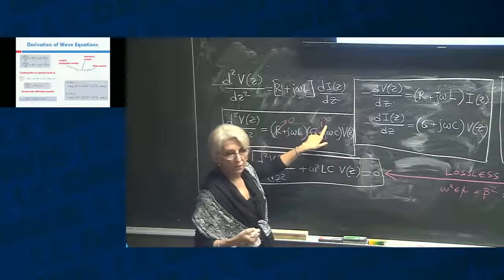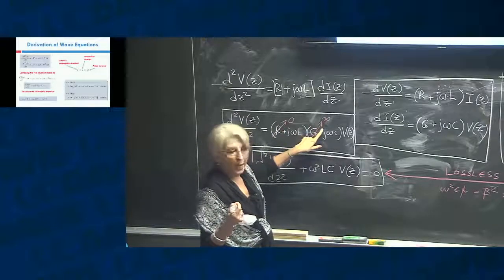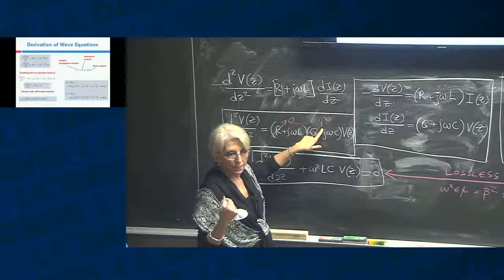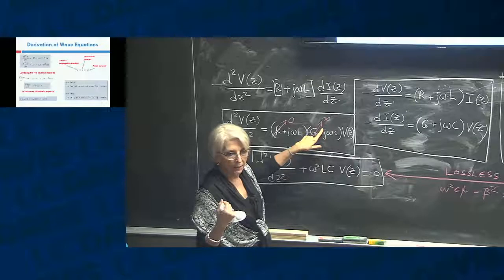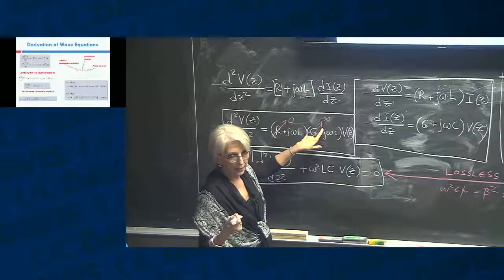G has to go to infinity because this is a conductance. What's that? Conductance means the inverse of resistance. Zero resistance implies infinite conductance.